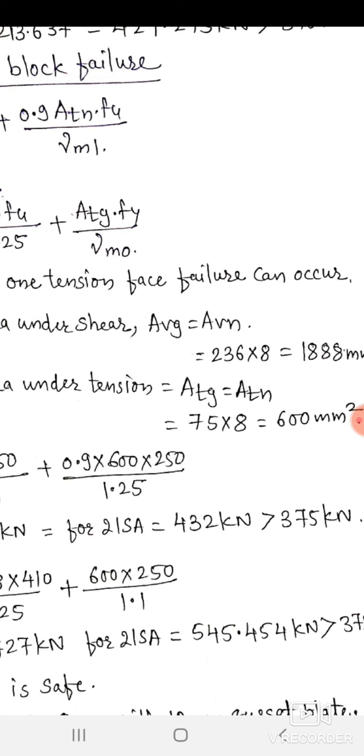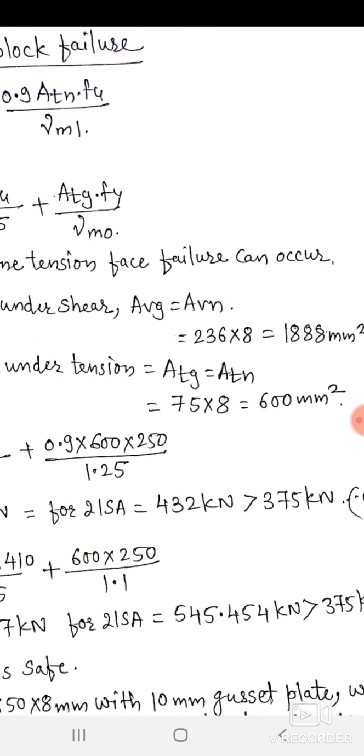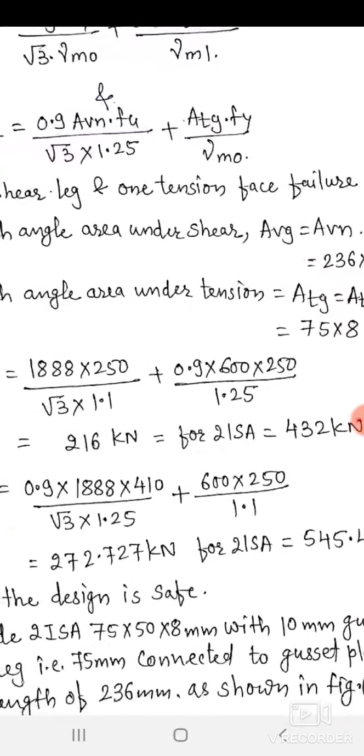You just refer to the figure, the arrangement, how it is shown. So 75 into 8, that is 600 mm square, and AVG and AVN are 1888 mm square.